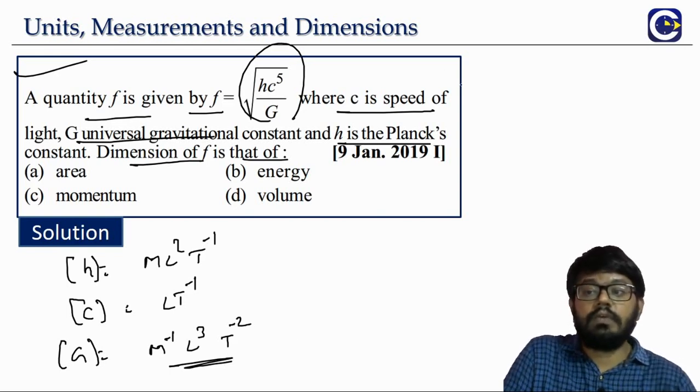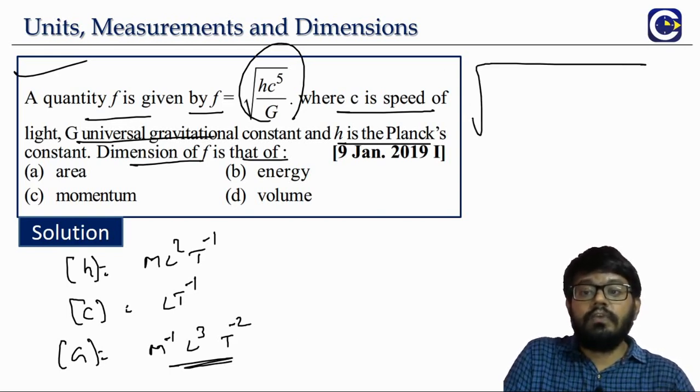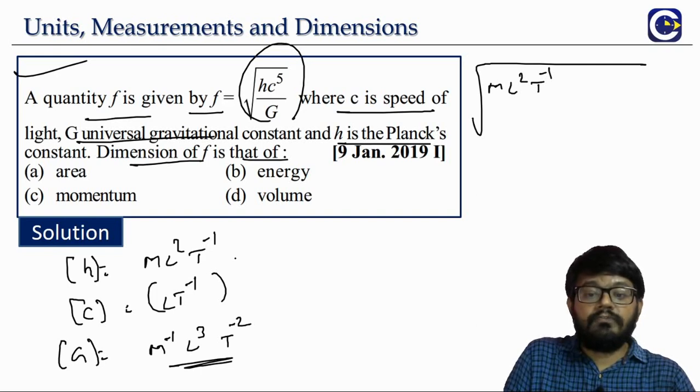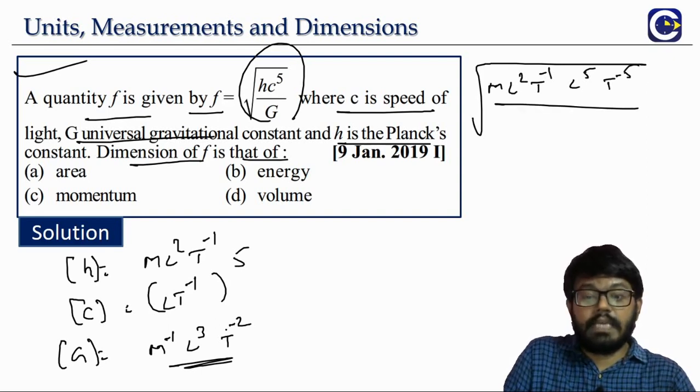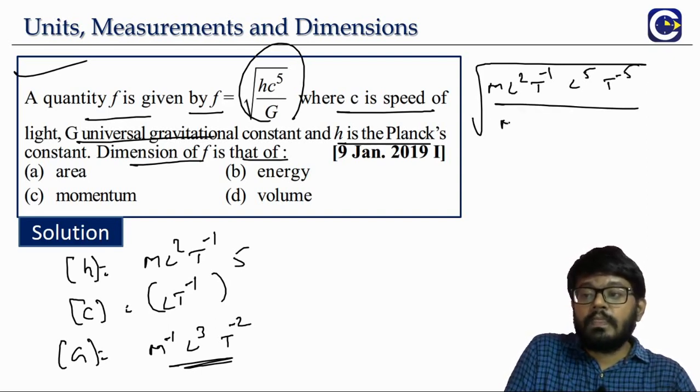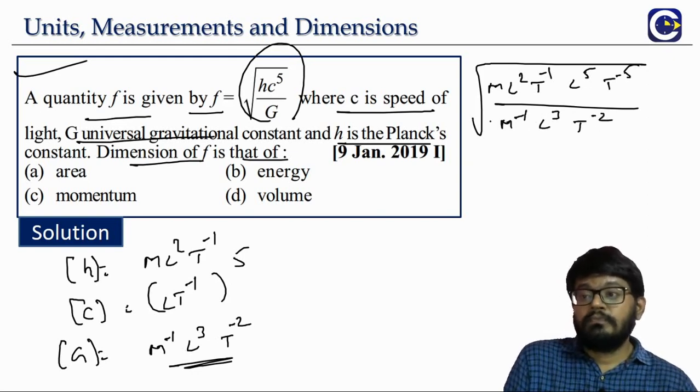Look at this, root of h, as it is we substitute m l square t power minus 1 into c power 5, which is l power 5 into t power minus 5, divided by capital G, which is m power minus 1 l cube t power minus 2.